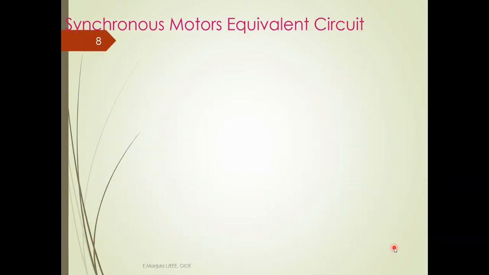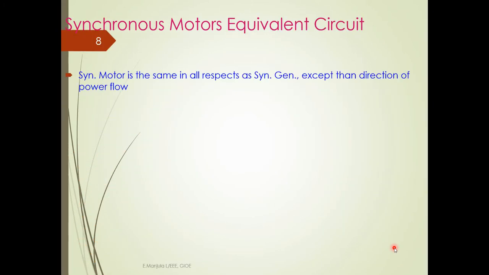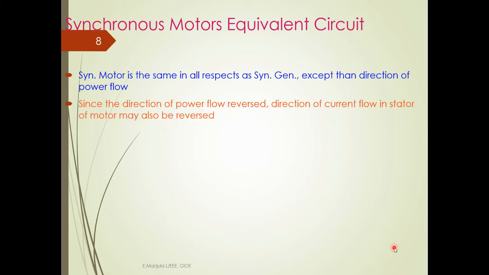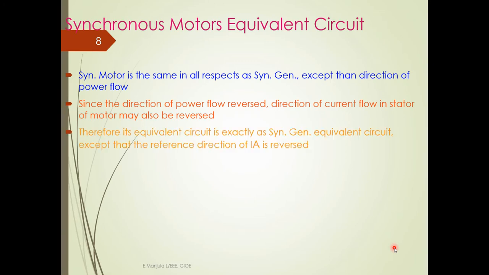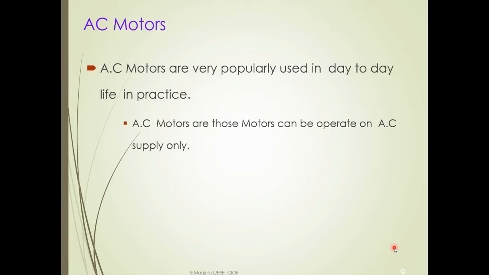A synchronous motor is the same in all respects as a synchronous generator, except for the direction of power flow. Since the direction of power flow is reversed, the direction of current flow in the stator of the motor is also reversed. Therefore, its equivalent circuit is exactly the same as the synchronous generator equivalent circuit, except that the reference direction of IA is reversed.